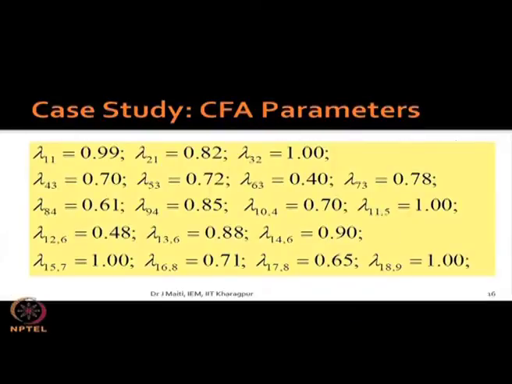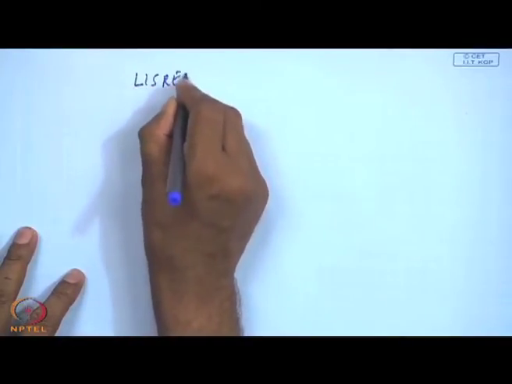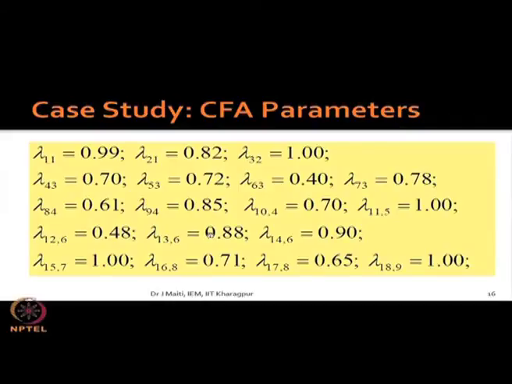Now, definitely F theta is the function which is to be minimized, and we have used LISREL software in this case, LISREL, linear structural relations. So, this software we used, and ultimately these are all the parameters which are estimated.